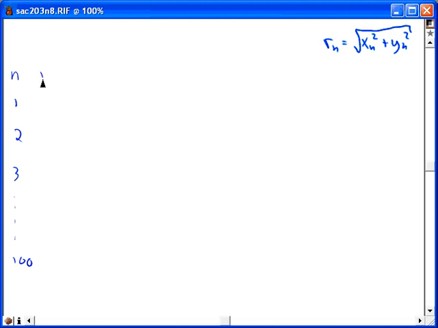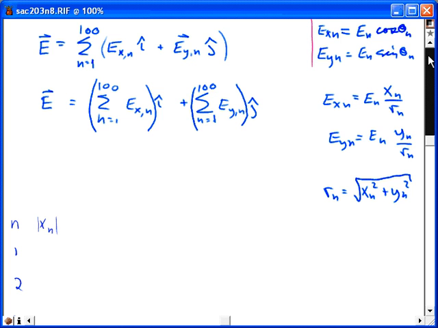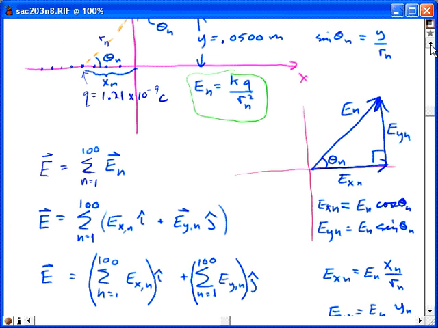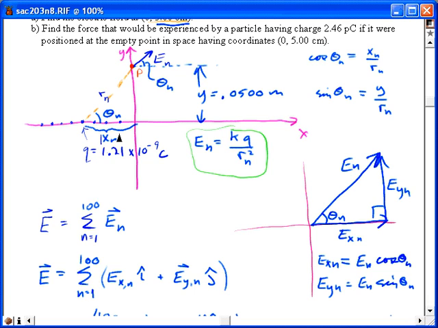And then x sub n is going to be, alright, the first one's at 1 centimeter. I really only need the magnitude of x sub n. I guess this distance is x sub n, because the actual value, the first coordinate of that point, is a negative value, and I just want that distance.